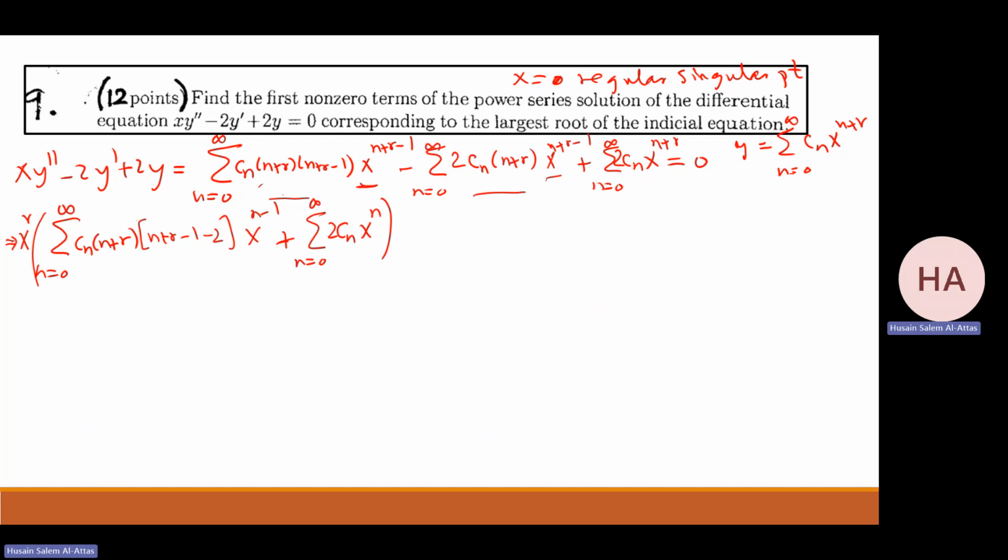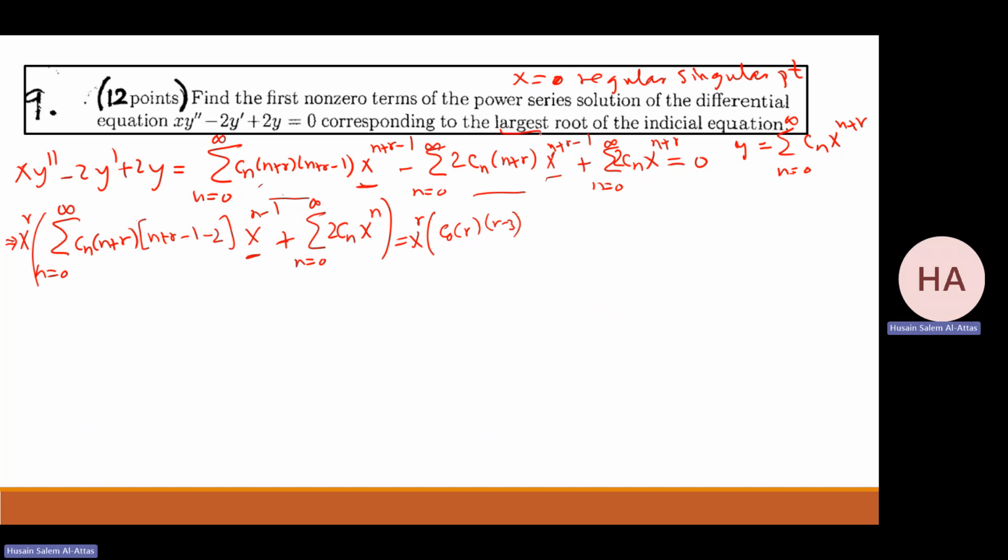Okay, so I will start with the first one. That will be x to the power r. I have c_0, n equals 0, that will be r. Here I have n plus r minus 3, so that will be r minus 3.